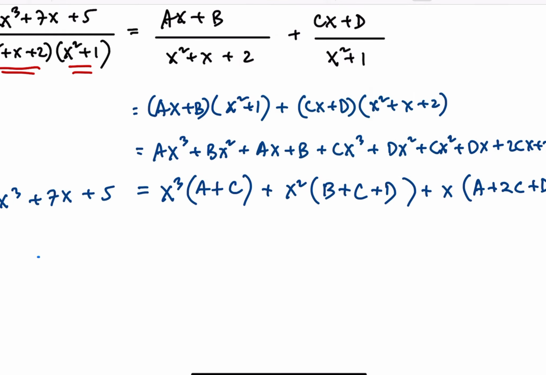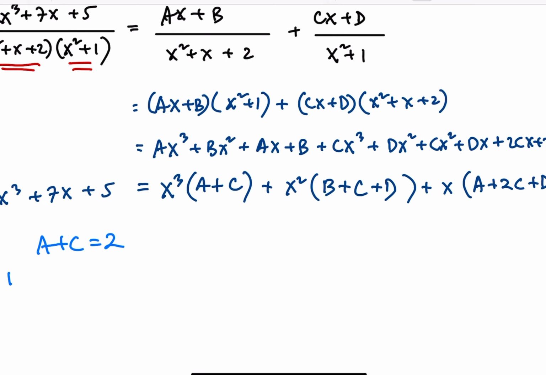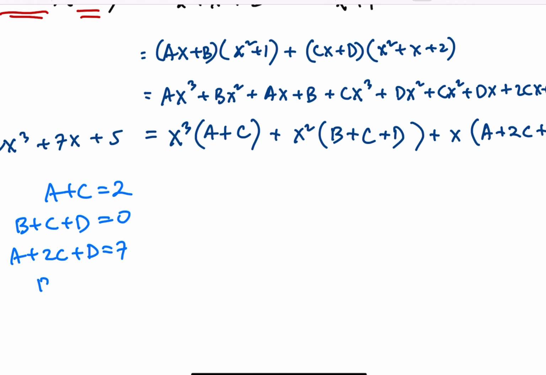Okay, a plus c is 2, and then b plus c plus d is 0. A plus 2c plus d is 7, and b plus 2d is 5.